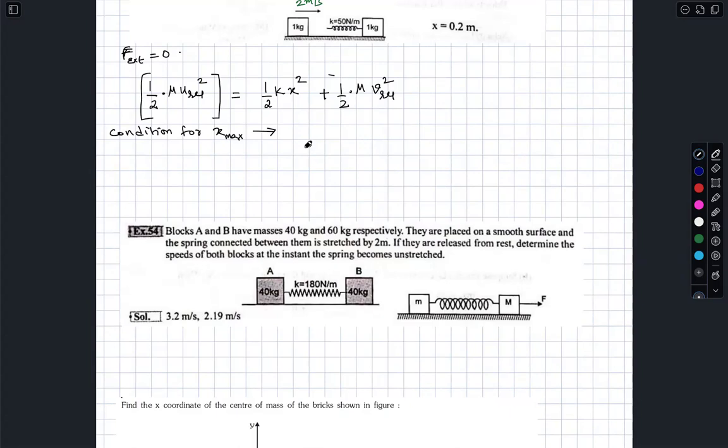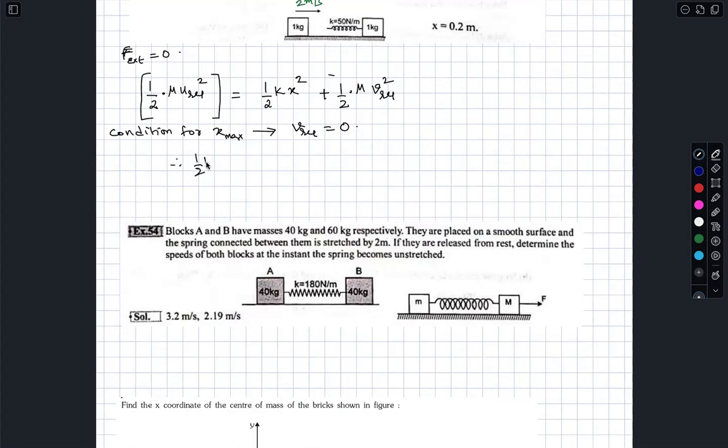Boys, say it correctly. V relative zero, sir. Yes, correct. Both the blocks move with the same velocity. That is the time when the spring is under maximum compression.